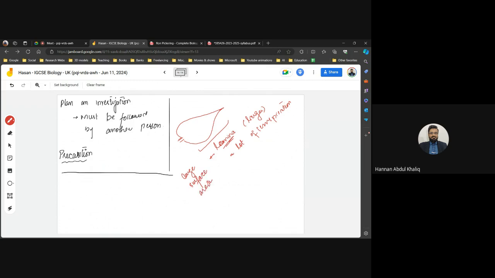Like you may have seen leaves which look like a needle, and leaves that look like this. So this has lesser surface area than this, and this has more surface area than this. It would be directly proportional.